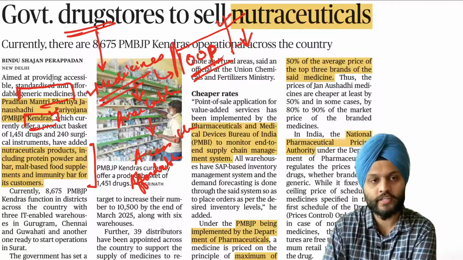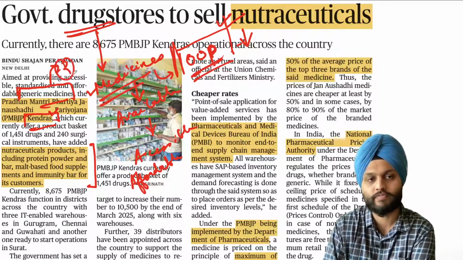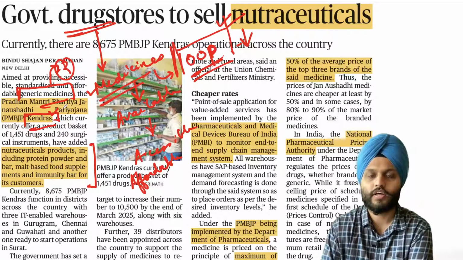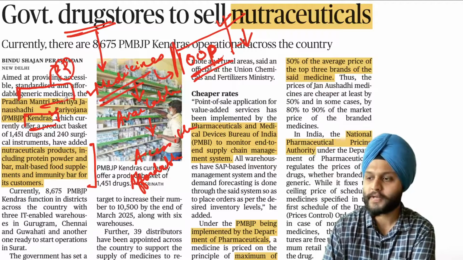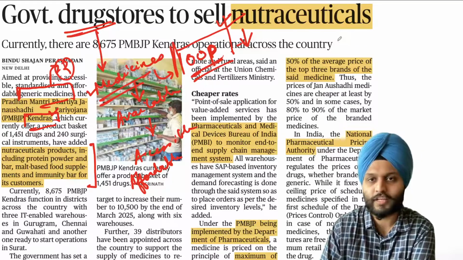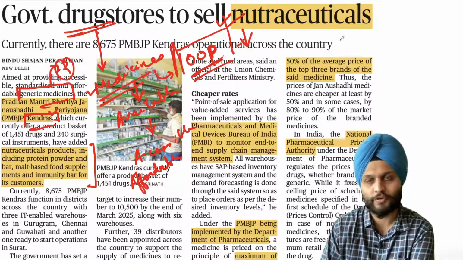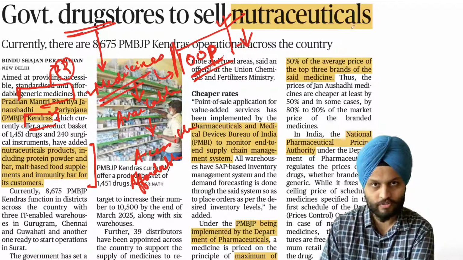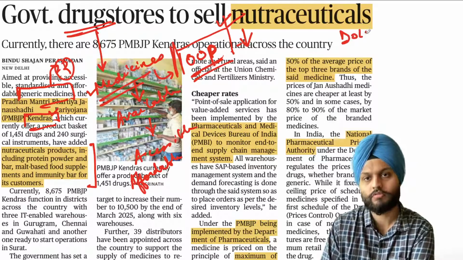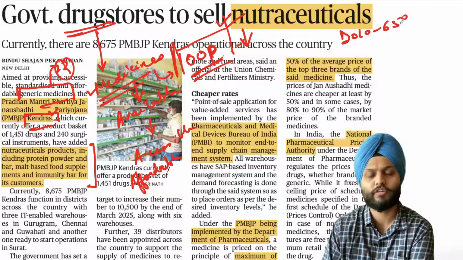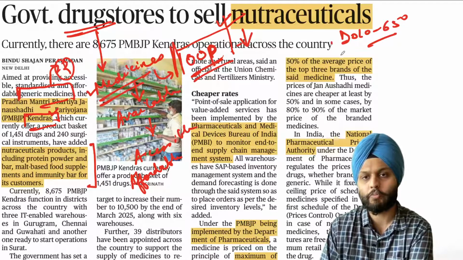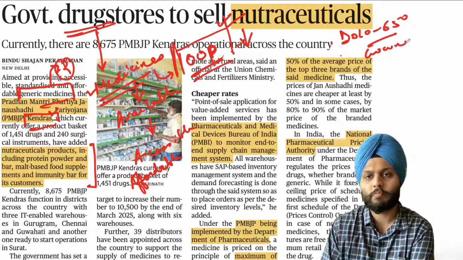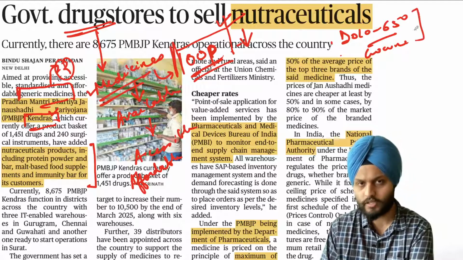Now the question arises, what is generic medicine? Generic medicines are basically, I'll give you a better example. I'll give you paracetamol. You get fever, you get paracetamol. You may have Dolo. Dolo sales have increased, right, because of the pandemic. You may have Crocin. But essentially they are basically the same drug.